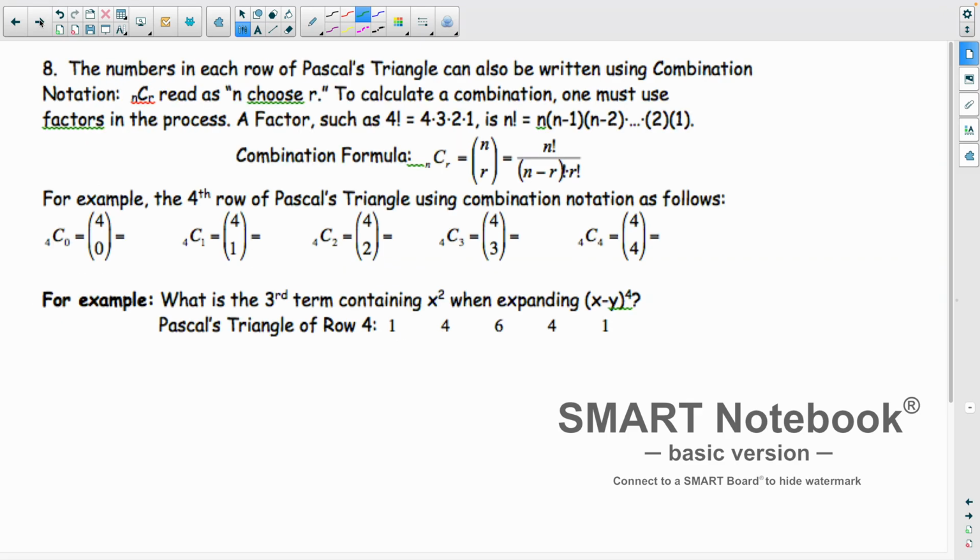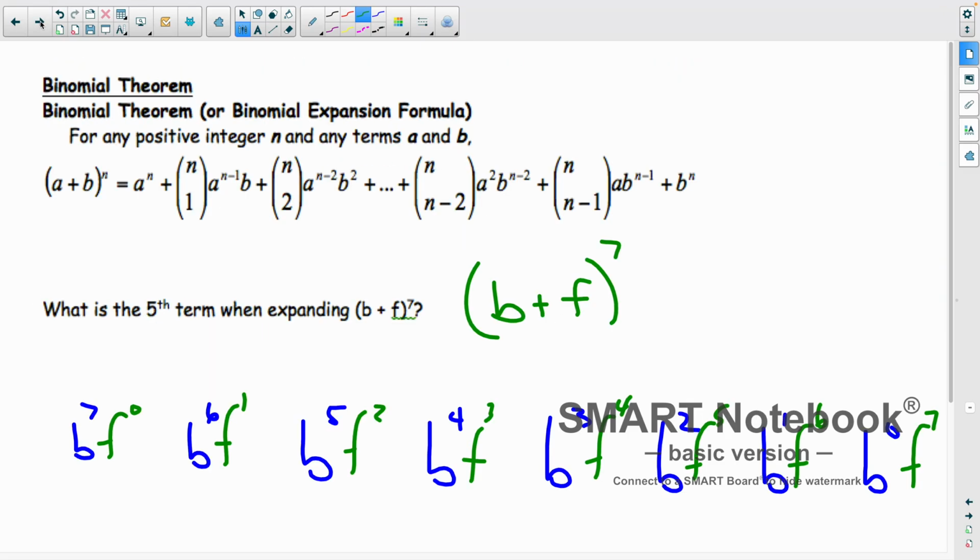All right? So I had 1, 7, 21, 35, 35, 21, 7, and 1. Now I'm going to put plus signs in between all those. So now that is my expansion.